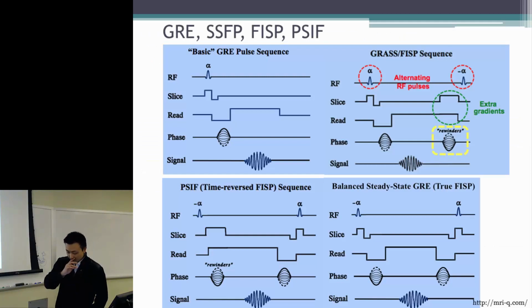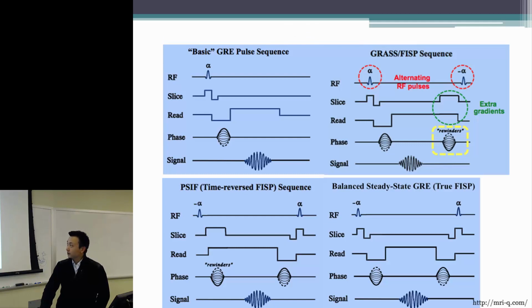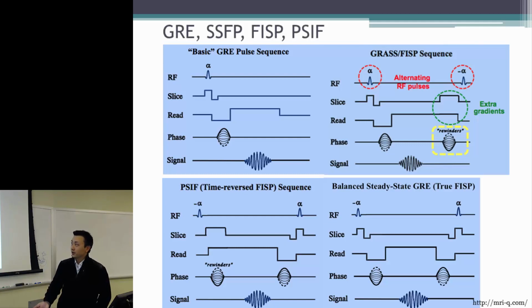And just as a side note here, there are different types of this steady state coherent. So here is the steady state incoherent signal of the gradient echo, right? We have this excitation, phase encoding, and readout here, and then we just dephase the signal.